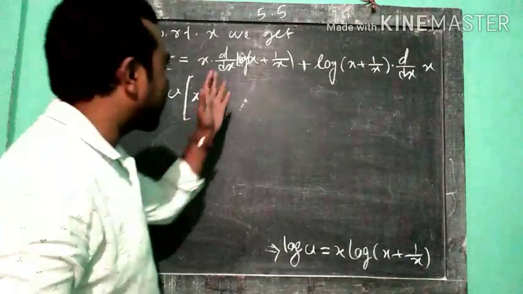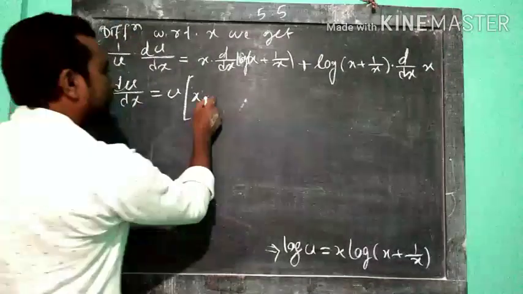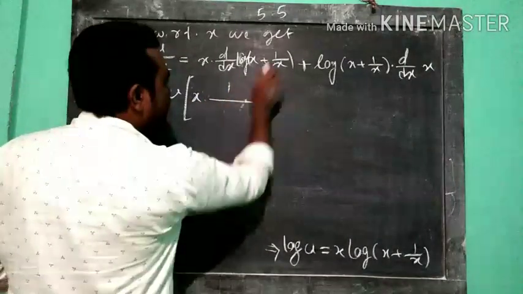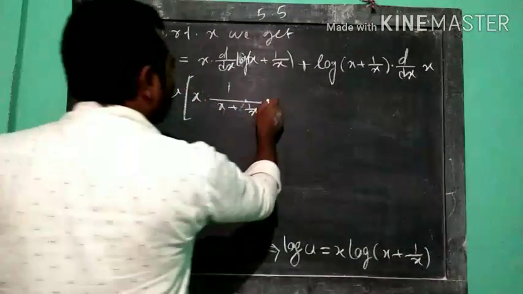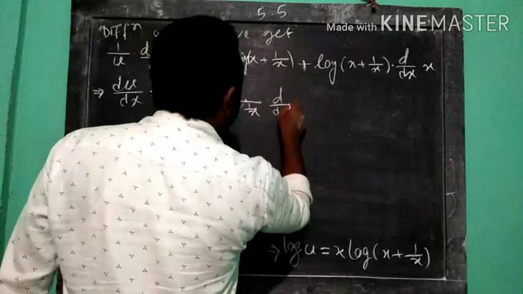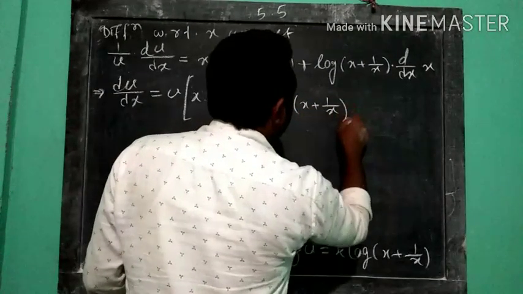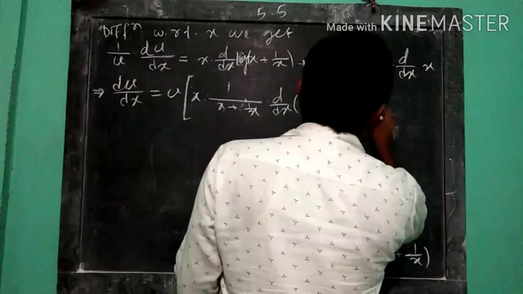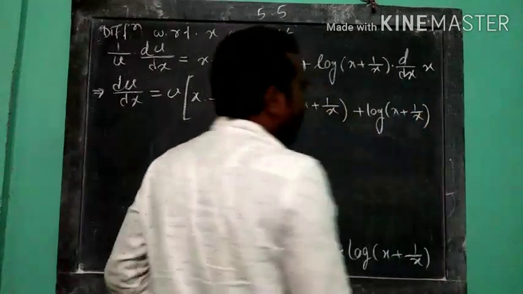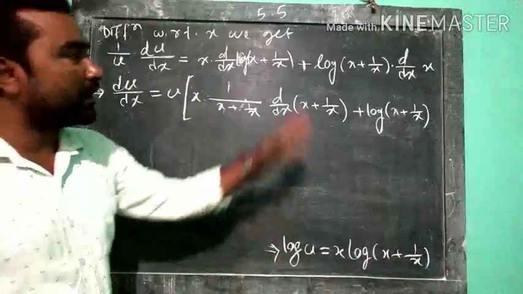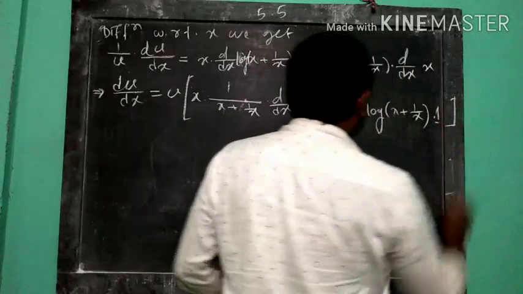We know the formula, d by dx of log x equals 1 by x. So here x is (x plus 1 by x), into d by dx of (x plus 1 by x), plus log of (x plus 1 by x), and d by dx of x is 1, so this is 1, bracket complete.